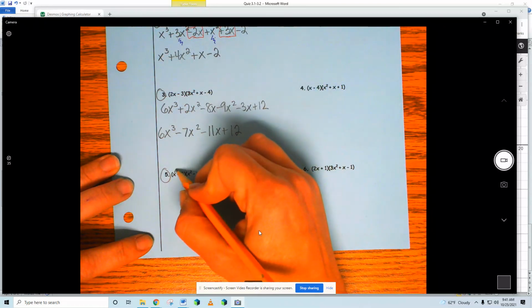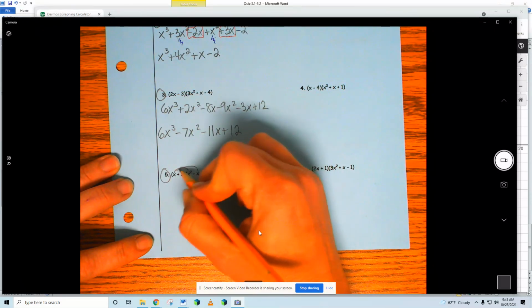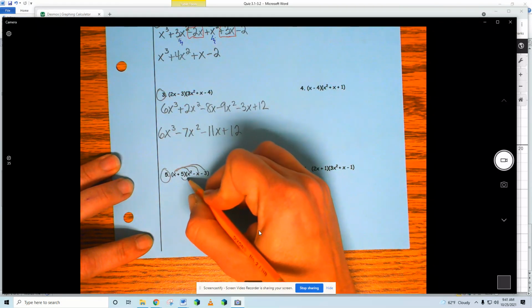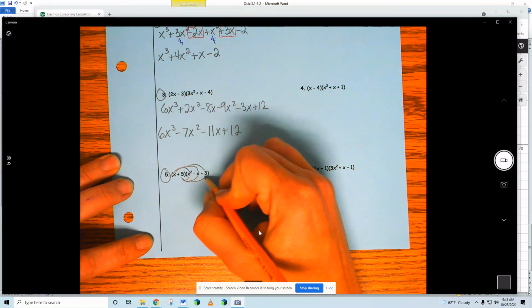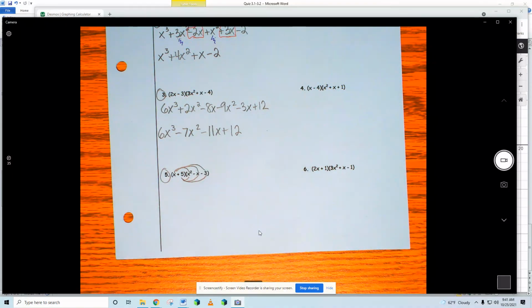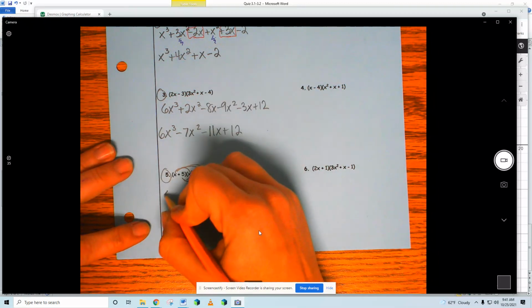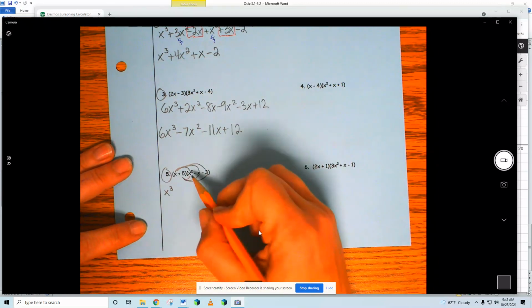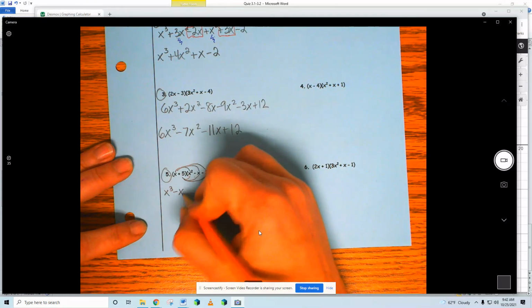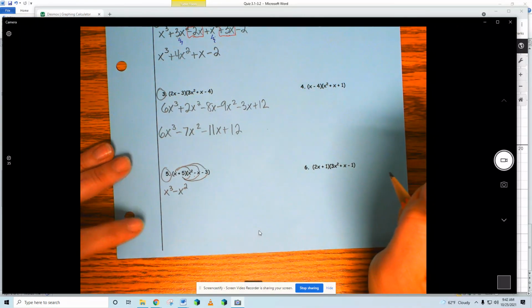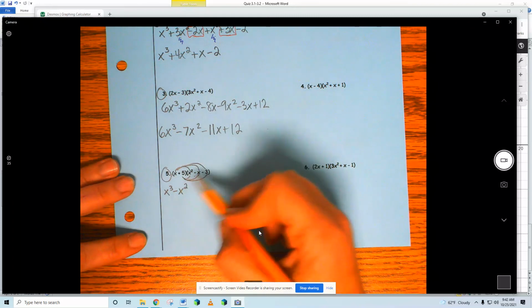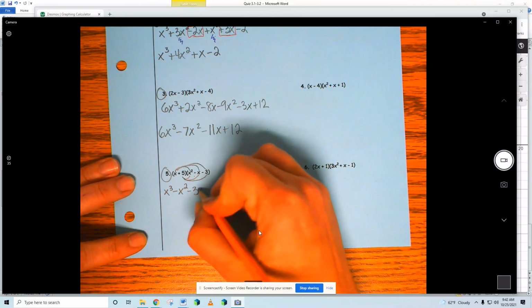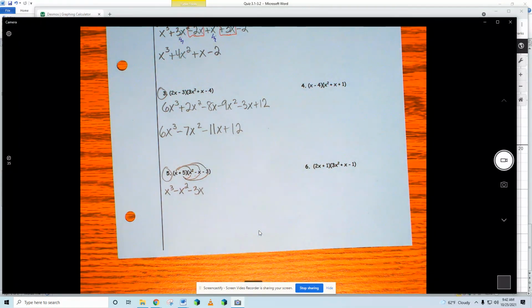We're going to do just the x. And then underneath the 5. X times x squared. X cubed. X times negative x. Negative x squared. X times negative 3. Negative 3x. So I finished the top curves.